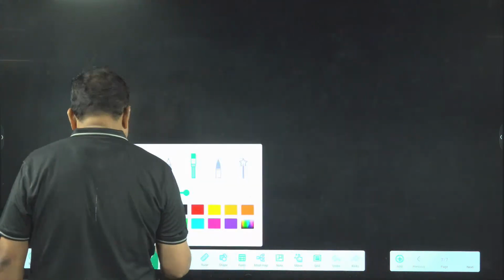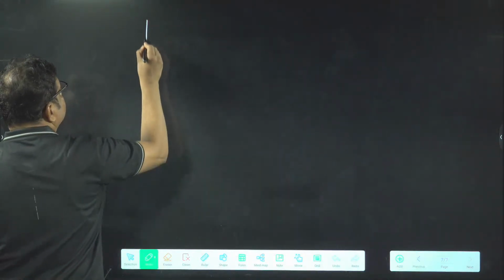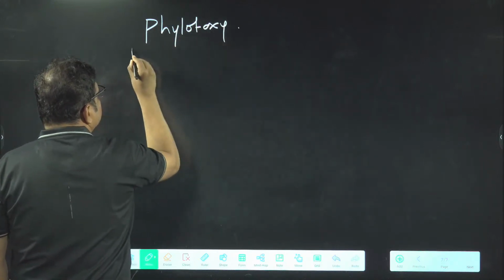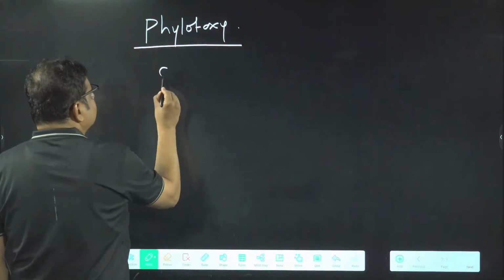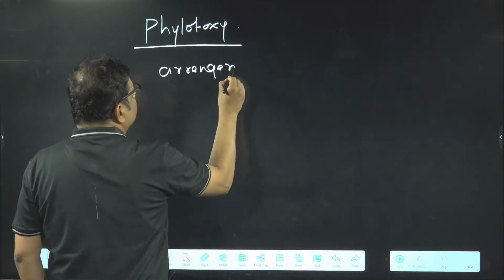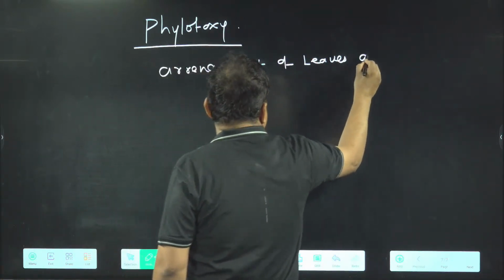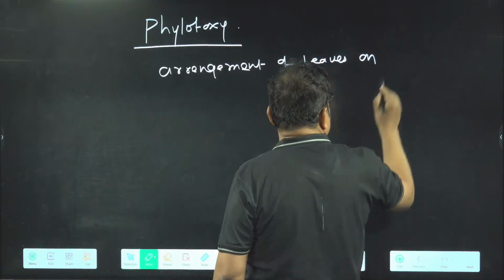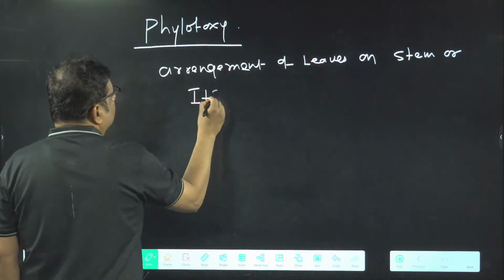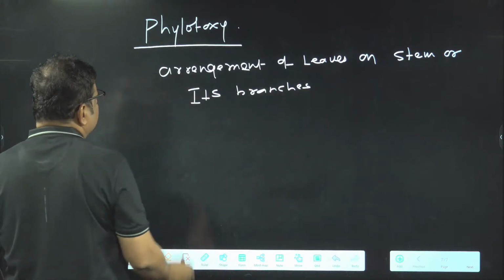Now, phyllotaxy. So what is this? Arrangement of leaves on the stem or its branches is called phyllotaxy.